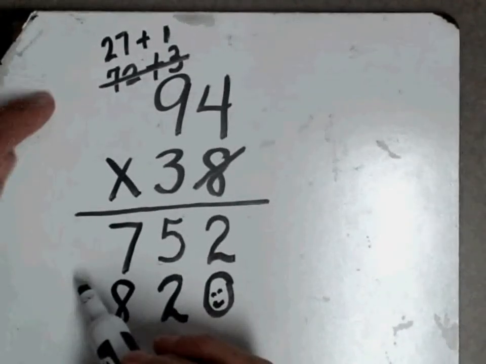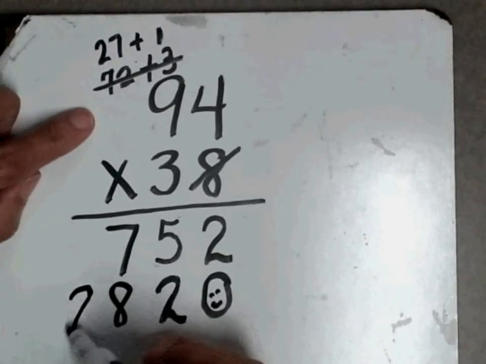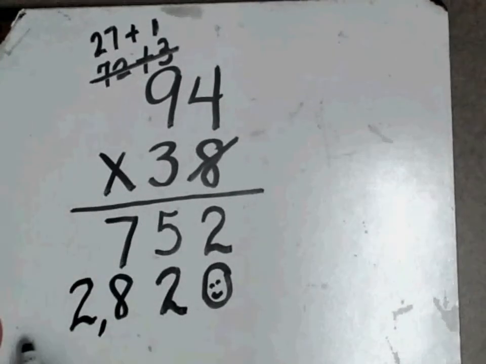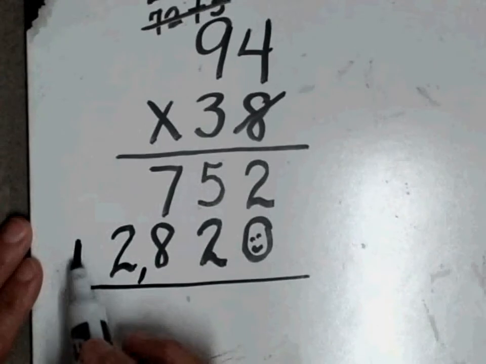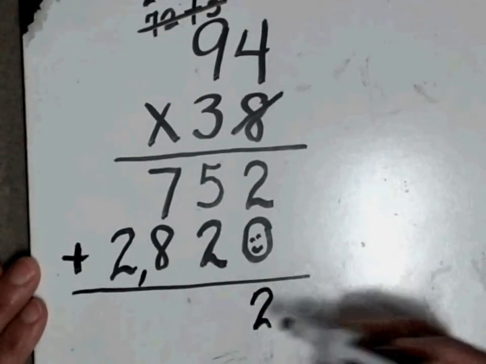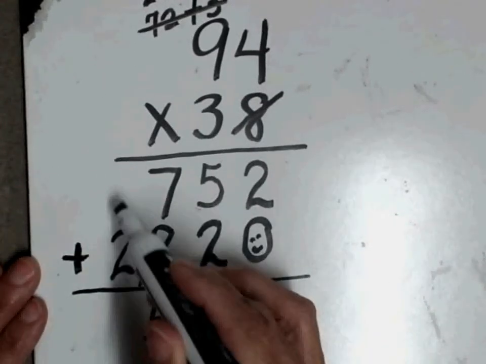So we don't have anywhere else to carry. There's nothing in the hundreds place. So we're going to put the whole 28 down below. I'm going to draw a line here, and we're going to do what? Add it all up.